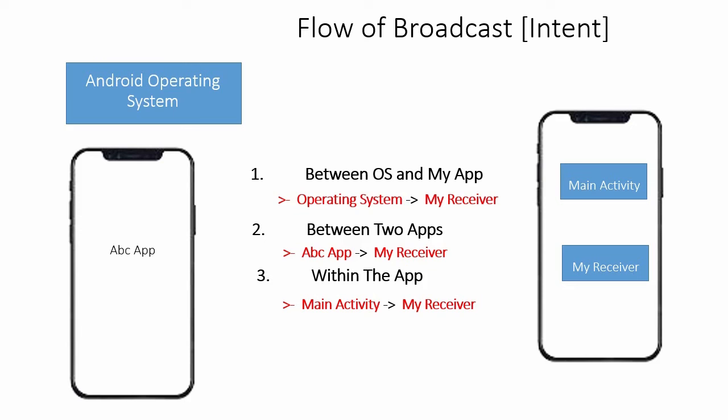That's a broadcast that is received by broadcast receivers. We can also do it between two apps, my app and your app. Your app sends me a message, and when it reaches my app, it is received by the broadcast receiver.